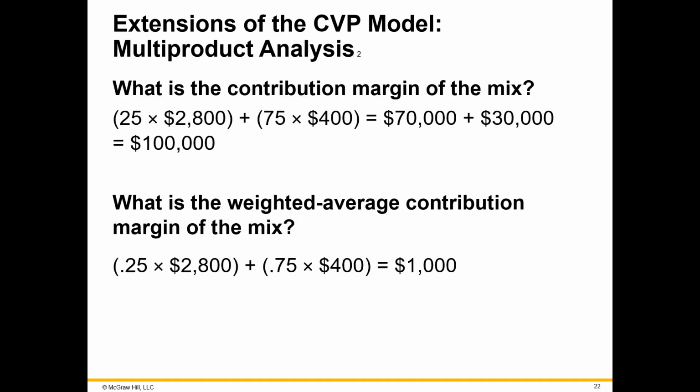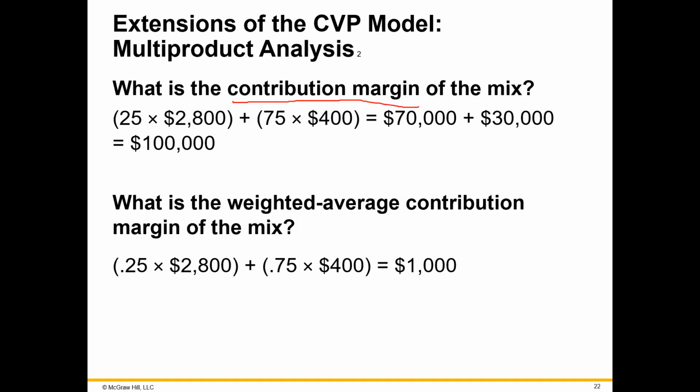Remember that for excursions we make 70% contribution margin, and for rafting we make 80% contribution margin. And the dollar amount for rafting contribution margin is $400 compared to $2,800 for excursions.